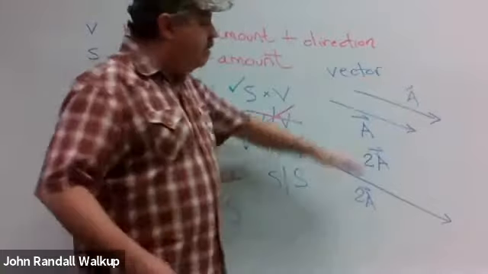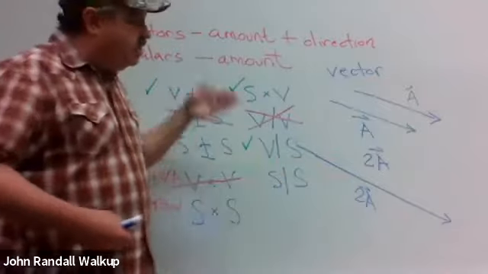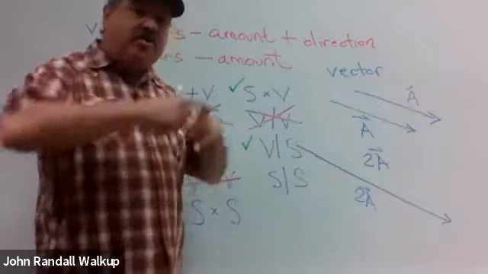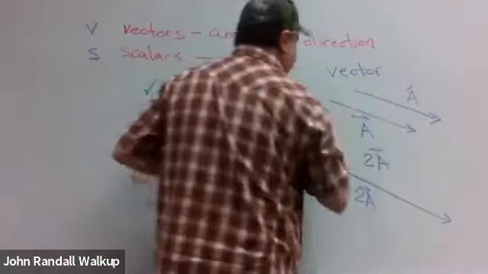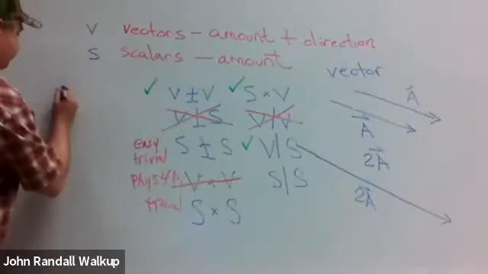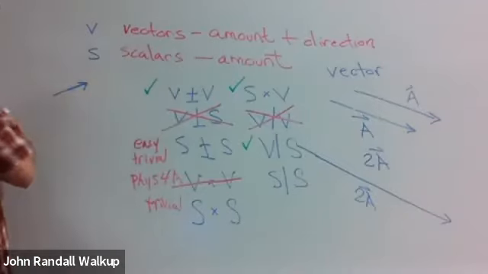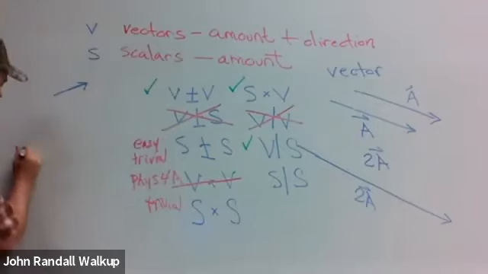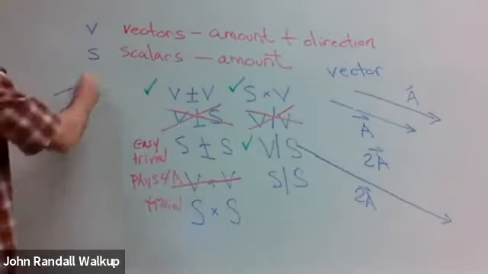That tells us that we can move our vectors around everywhere we want as long as we maintain their length and their direction. So we can take this arrow, say here's another vector, and I can just move it around however I want. I have not changed the vector at all.